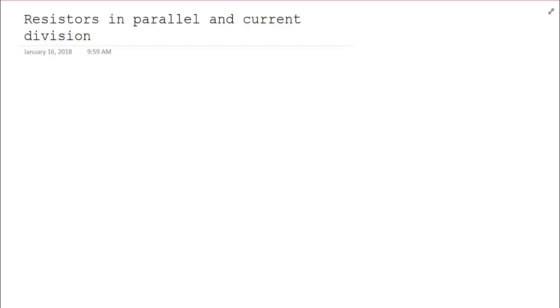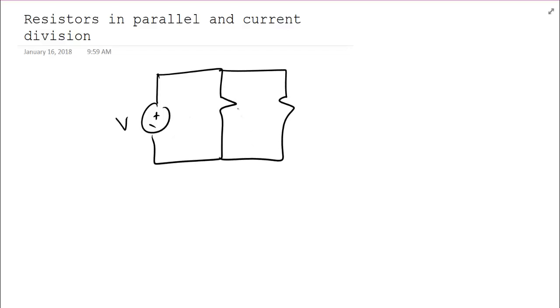that we're using. So, here is a voltage source, V. And here are two resistors, R1 and R2. V sends a current, I, and that current splits at this node here into I1 and I2.